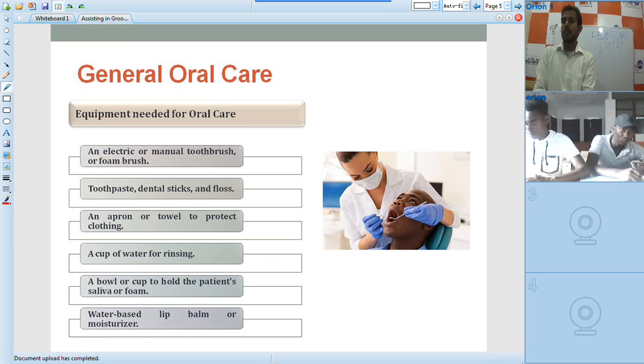Then the toothpaste, dental sticks, floss, and the apron or towel for protection while giving the oral care, so the other parts of the body are prevented from getting dirty. A cup of water for rinsing after brushing.